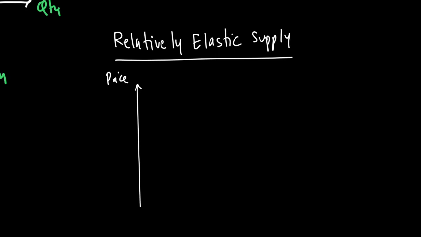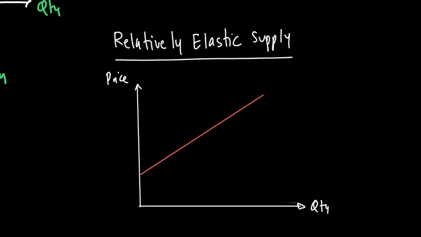If it's a linear supply curve and it's relatively elastic, then it must come from the price axis, which means the percentage change in quantity supplied will be greater than the percentage change in price, and that's exactly why your PES is greater than 1.